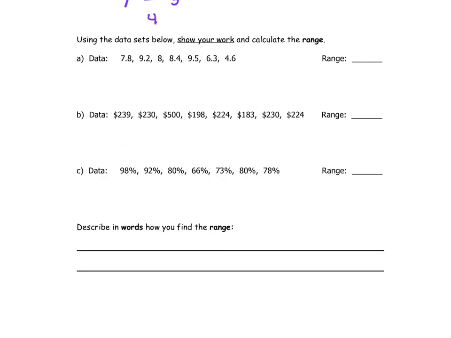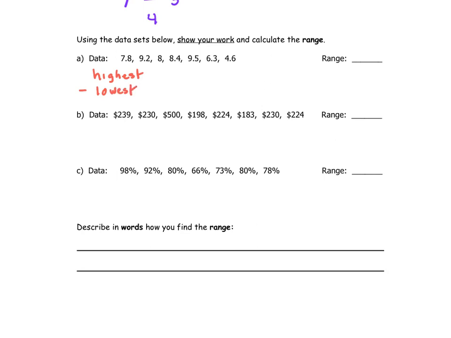So now what I'd like you to do is take the quiz. There's a little quiz that's attached for A, B, and C. And you're going to use the data sets below to show your work and calculate the range. And you can use an example above, and just to remind you, you're looking for the highest number, and you're going to subtract the lowest or the least value when you look at the data set.